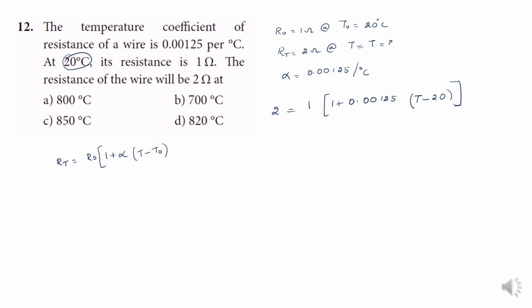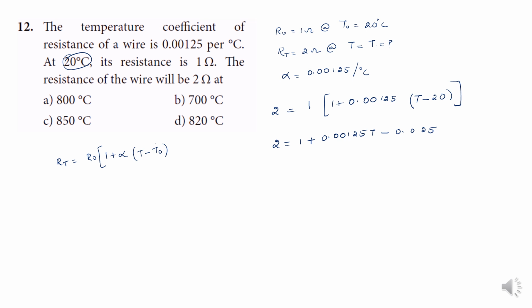So let this 1 come here. This is equal to 2 is equal to 1 plus 0.00125 T minus, multiply 0.00125 into 20. So this comes around 0.025.